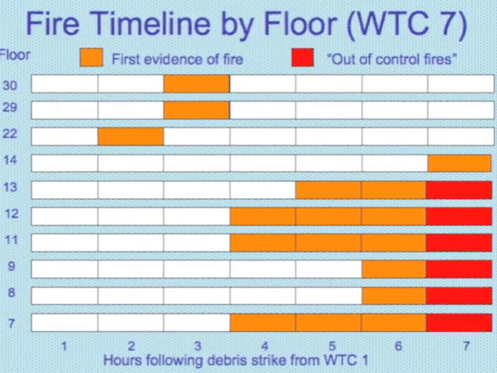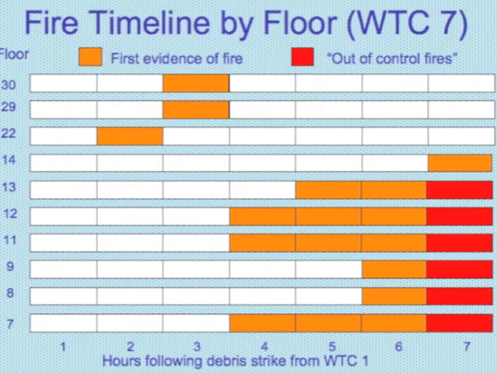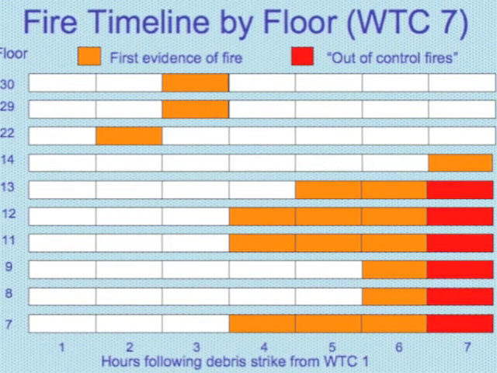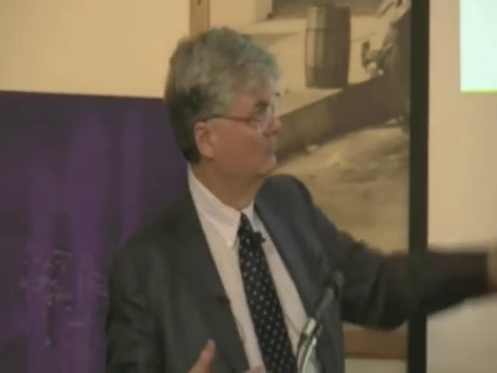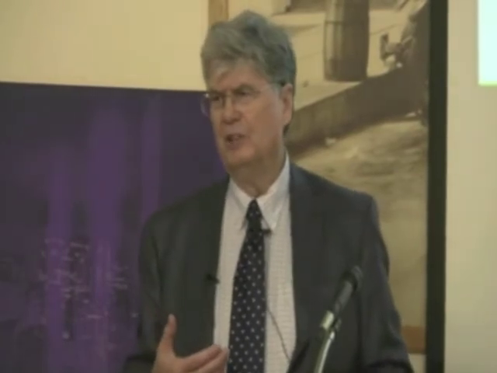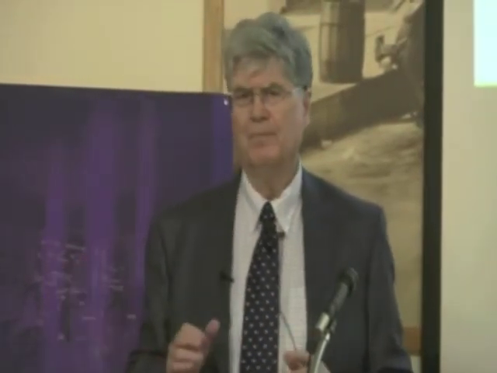But they also said that there was no spread of fires between one floor and another, which means the fires that they claim caused the building to come down, we don't have any evidence that they even started for at least 3, maybe 4 hours after this debris struck the building.